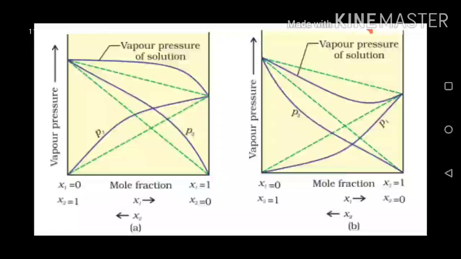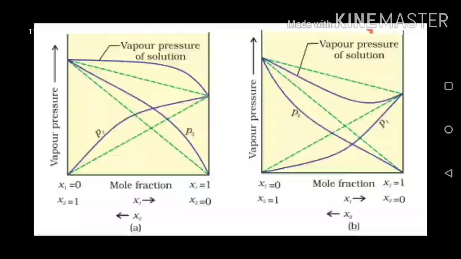So on the left hand side, the vapor pressure shown by the blue lines is always greater than the expected one. The green dotted lines are the expected vapor pressure for the ideal solutions. So the non-ideal cases are plotted with the blue lines, and the ideal cases are plotted with the green lines.